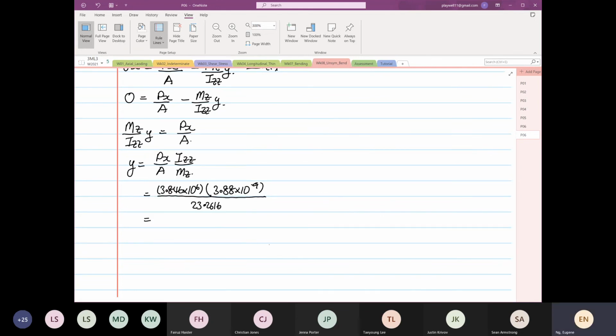So the answer is 3.846 power 6 times 3.88 power minus 9 divided by 23.2616, which is equal to 0.642 times 10 to the power minus 3 meters.